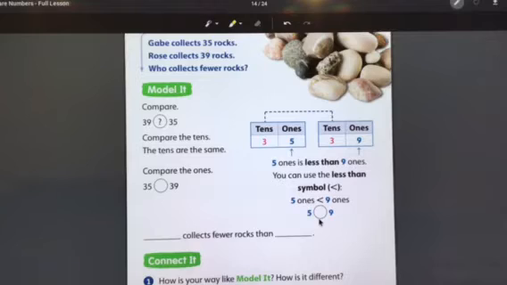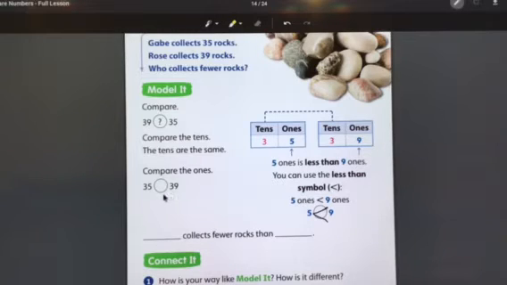In the box right here, it wants you to show that 5 is less than 9. So the open part is still open to the bigger number, but 5 is smaller, so it has the pointy part facing it. Now when you go over here, 35, 39.